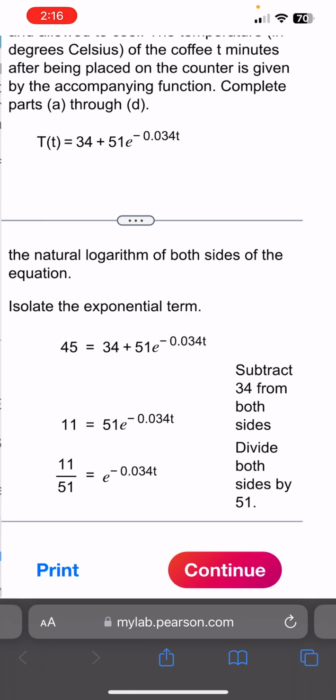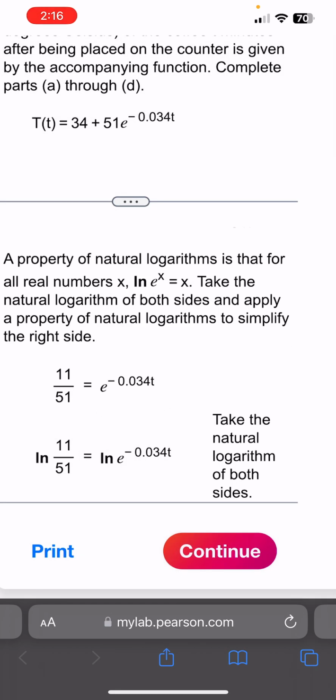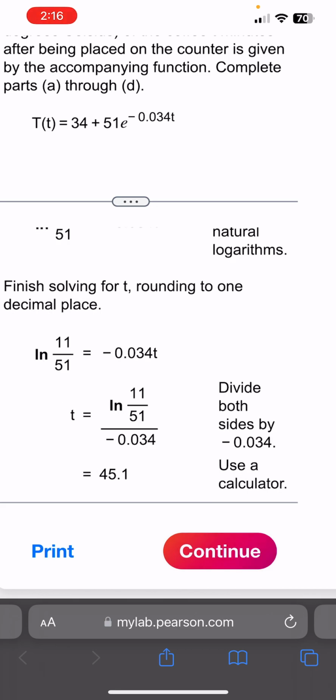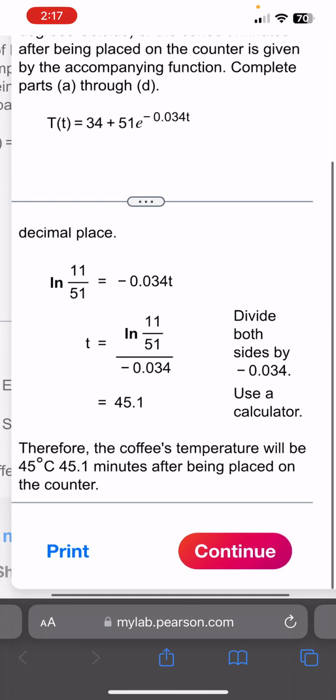Next, we take the natural log on both sides, and then because the natural log and e cancel, we divide by that negative 0.034. Then we use a calculator, and we get this result. So it's going to be 45 degrees Celsius, 45.1 minutes after being placed on the counter.